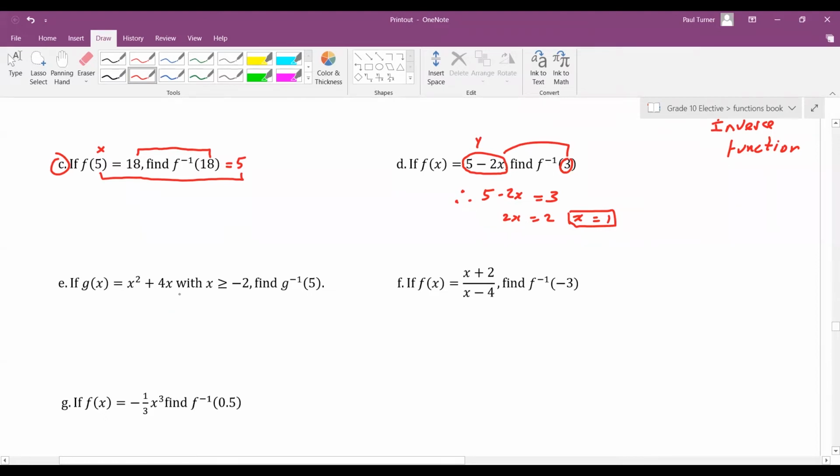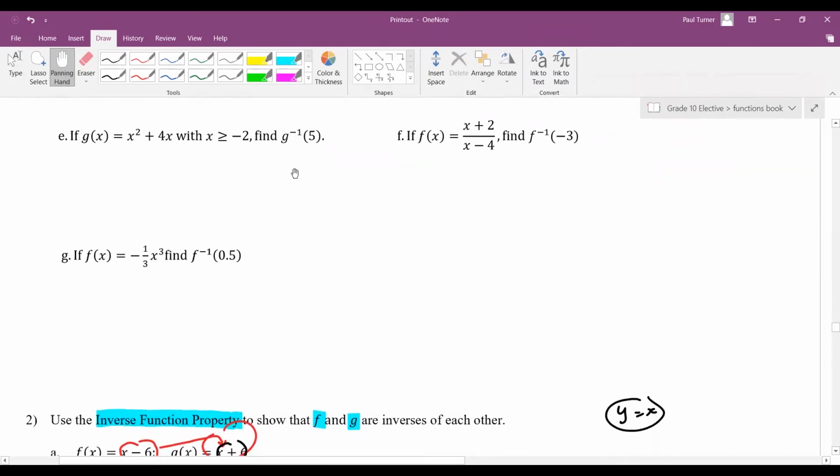Okay, and this is the same idea. Let's just do one more because I want to show you some other stuff. This is a part of a quadratic, but only when x is greater than -2. So the y value of your function is equal to the x value of your inverse, which is here, right? So we can say, therefore, x squared plus 4x equals 5. Now, this is a quadratic you need to solve.